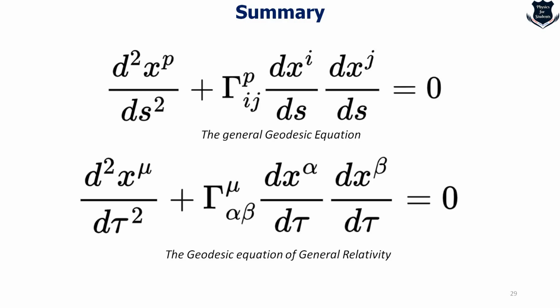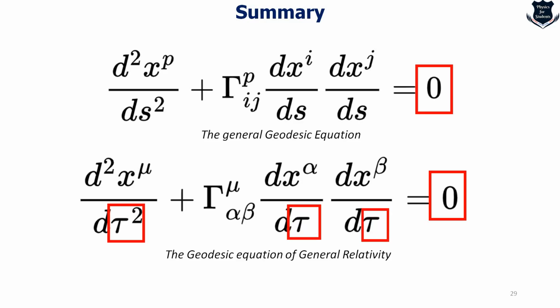Now there are a few questions which are still unaddressed. First is why these equations are equal to 0. What does that mean? Why is there a tau square and an s square? Do you find any similarity between this? Also there are two d taus in the denominator. All this I'm going to address in the next part of the geodesic equation.